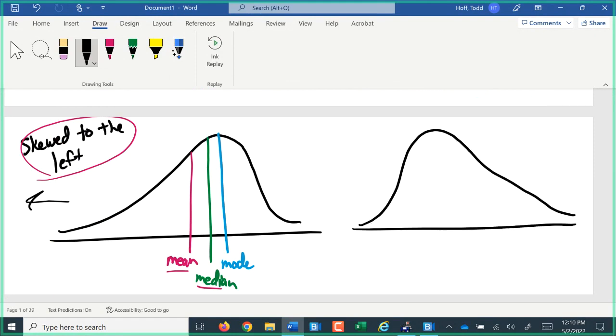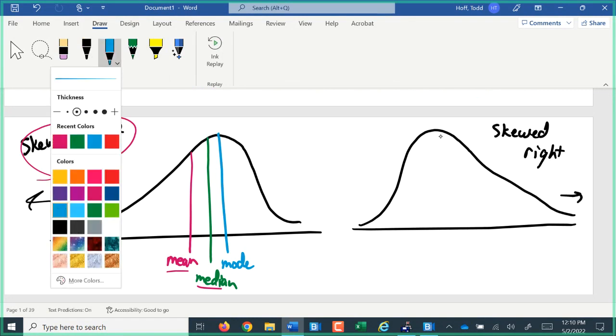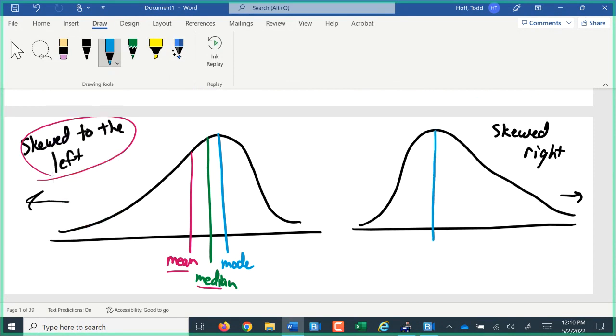This data set is what we call skewed right, because here's that tail on the right side that is stretched out. And so just the opposite is true. The mode is still the highest point.